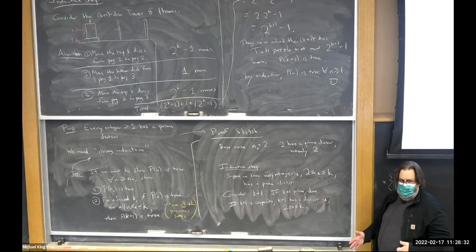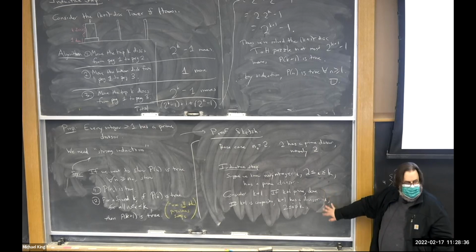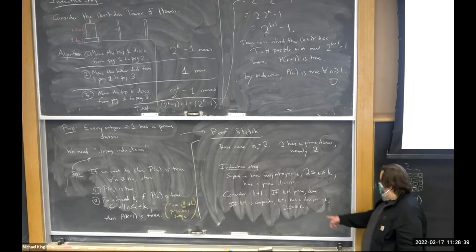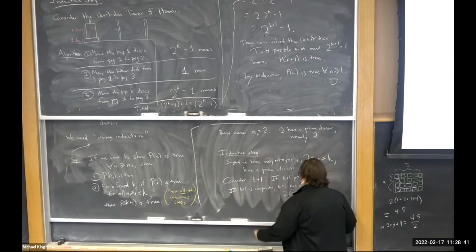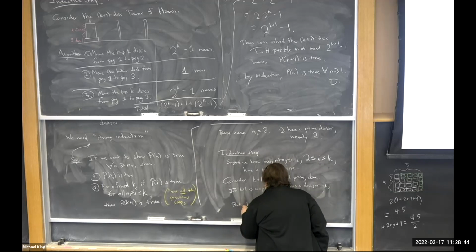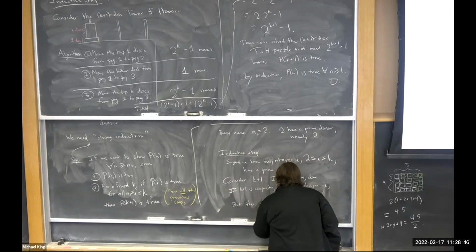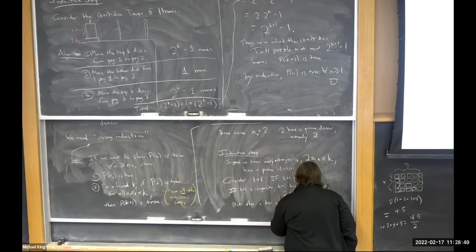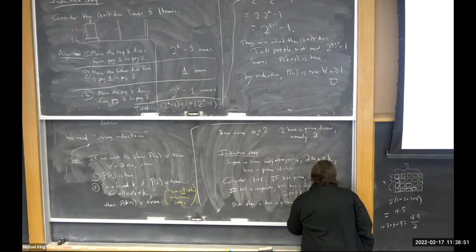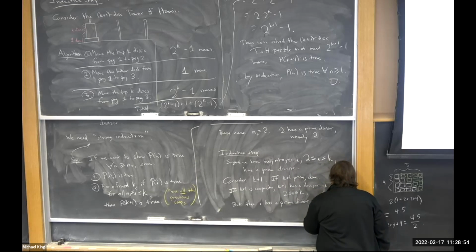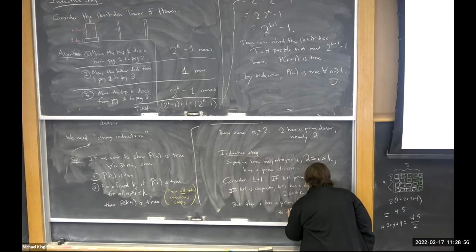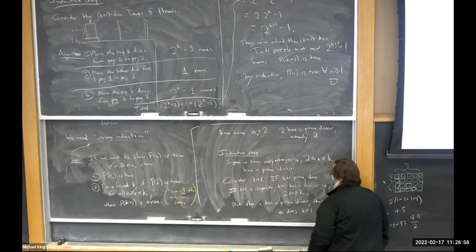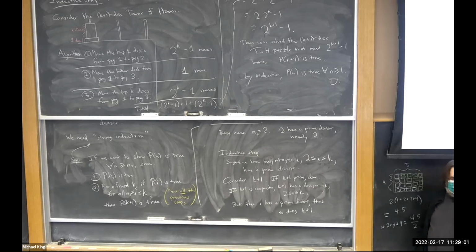Primes can factor into 1 and itself, so this is saying it's not factoring into 1 and itself, it has a divisor. But then i has a prime divisor by the assumption. And thus so does k plus 1. Because if A divides B and B divides C, then A divides C, right? i is a divisor of k plus 1, and i has a prime divisor.